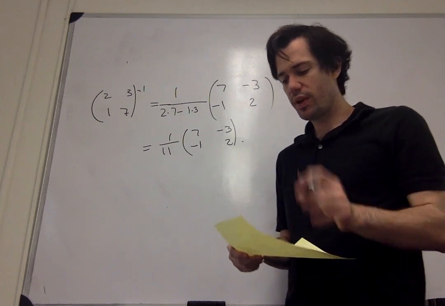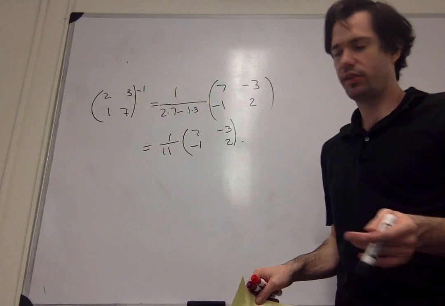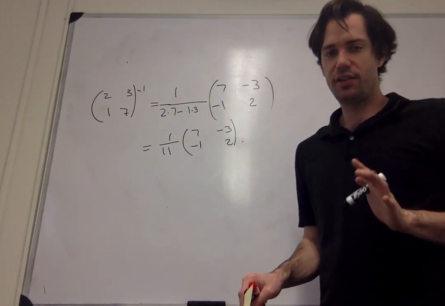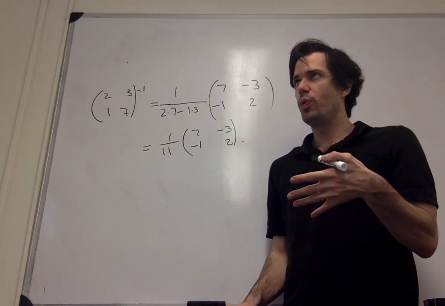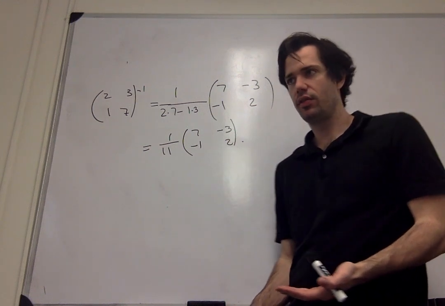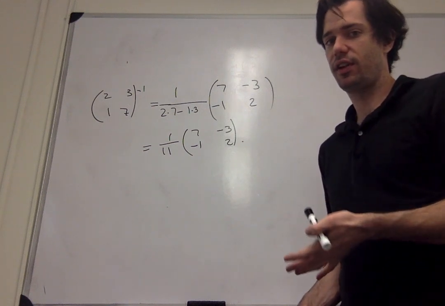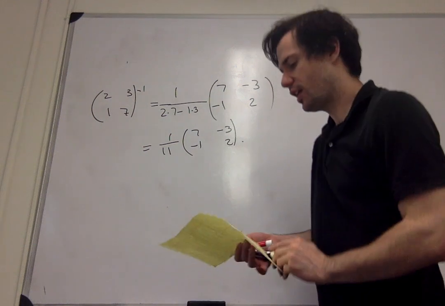So what we need to do is convert everything to mod 26. So when I say 1 divided by 11, I don't literally mean 1 divided by 11, unless I was working with ordinary matrices, right? What I mean in this case is the inverse of 11 mod 26. So this is going to turn out to be 19.